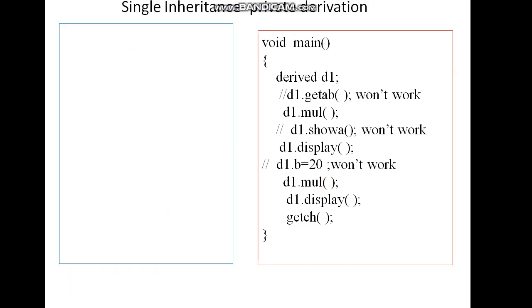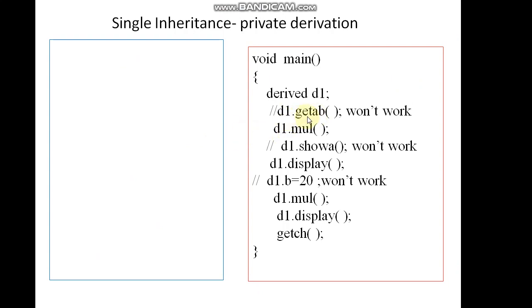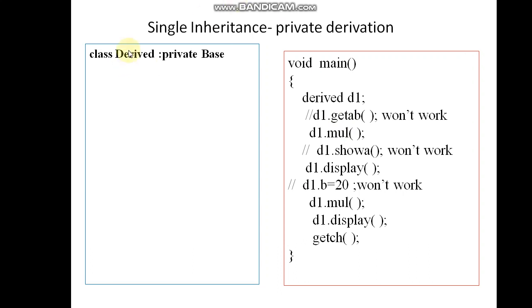Now, to fix this problem, we need to make changes in the derived class definition. The derived class is derived from the base class privately. This can have its own members along with the inherited members. C is a private data member.